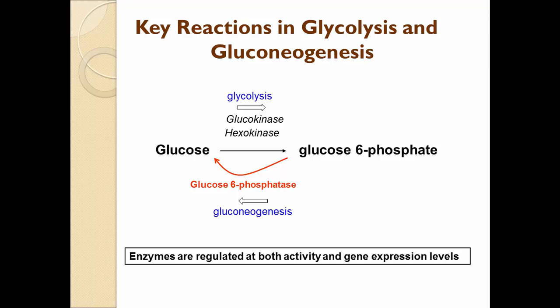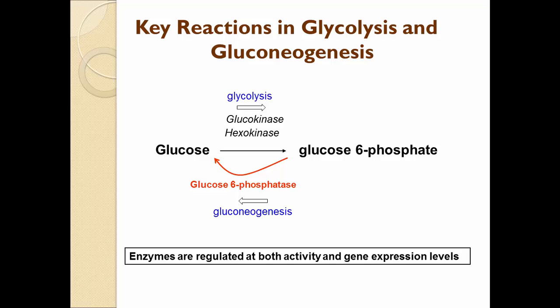Okay, so just go back a little bit and to remind you that we talked about the regulation of the two different glucose metabolic pathways, glycolysis and gluconeogenesis, and we specifically focused on the three key reversal reactions in both.